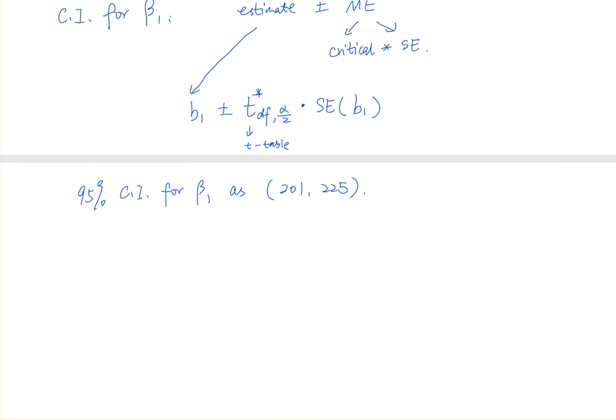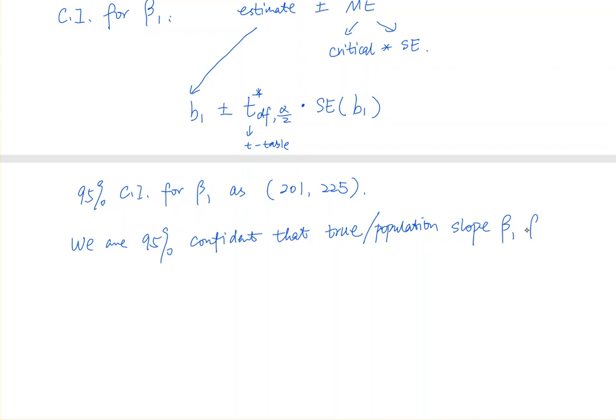Theoretically we say we are 95% confident that the true or the population slope, which is beta 1, falls in this interval, right?